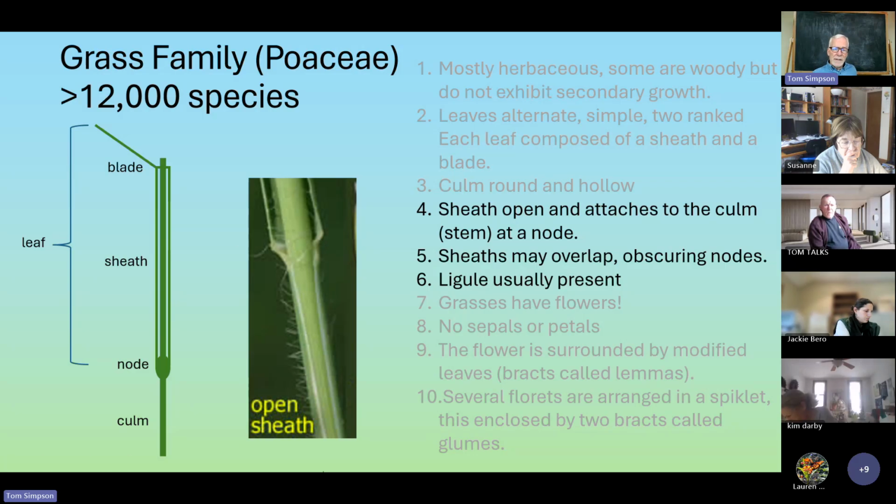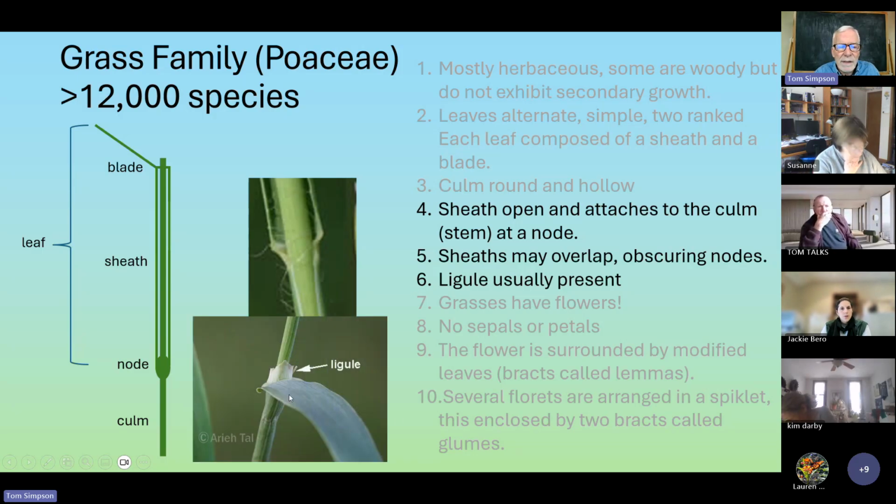Here you can see a close-up. This is the sheath. The stems of grasses are open, so you can peel them back away from the sheath if you look closely and try it. And the ligule, let's see, there's the ligule.